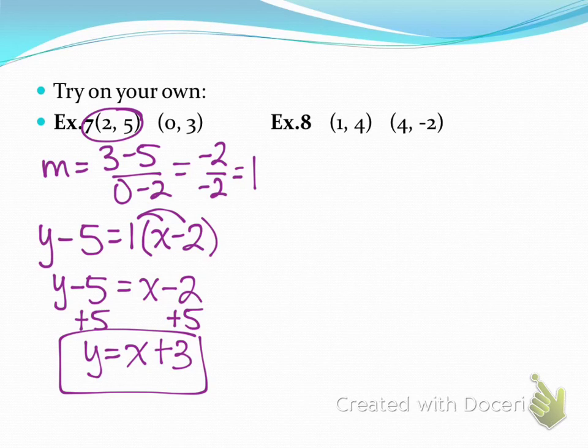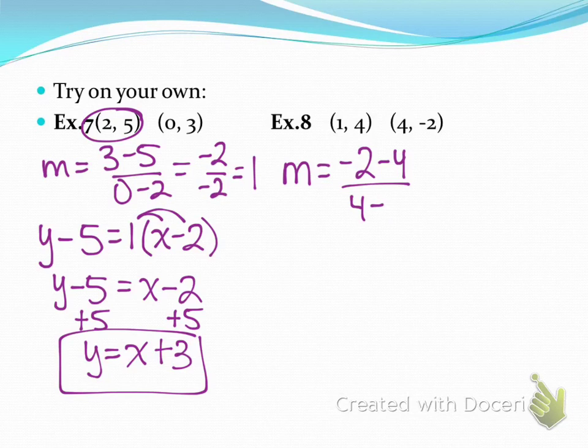Alright, on example 8. Jakeem, how would I set up to find my slope? And what would go in the denominator?